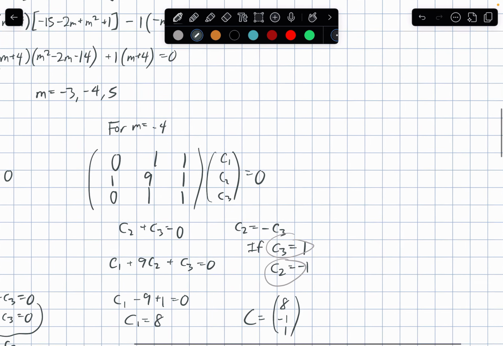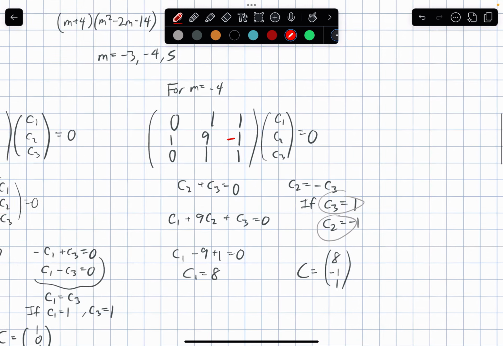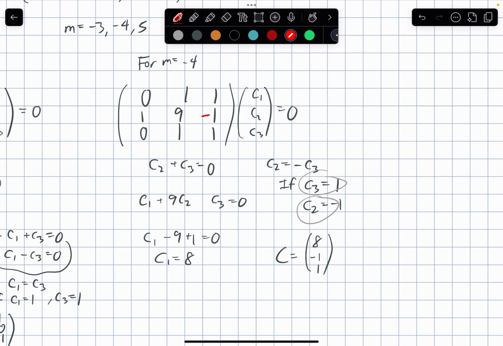Hold up. My bad. You see the negative 1. It's supposed to be copied. So from there, this is supposed to be minus. So negative 10, positive 10 is C1.